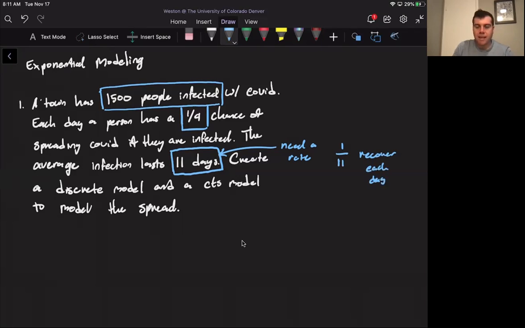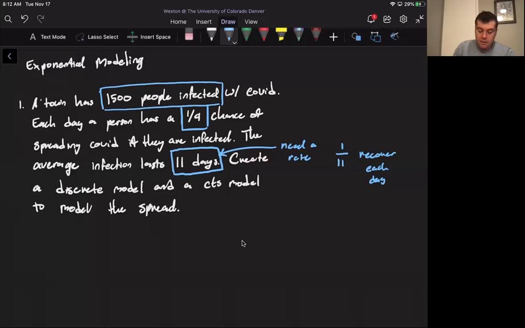That makes sense because if you had a population on day 0, then after 11 days the entire population has recovered, because 1/11 would have recovered, another 11th would have recovered, and so on.